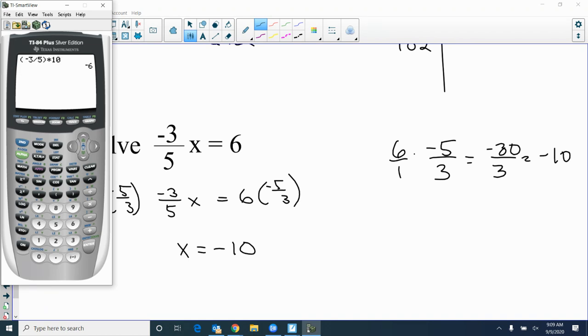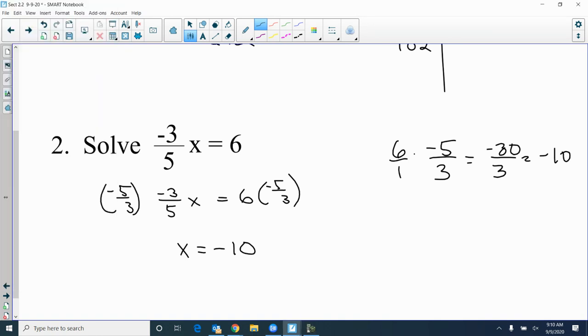It says -6, yeah, I need to make it -10. So I put in the wrong number, that's how I can go back and check. And there it gives me 6.